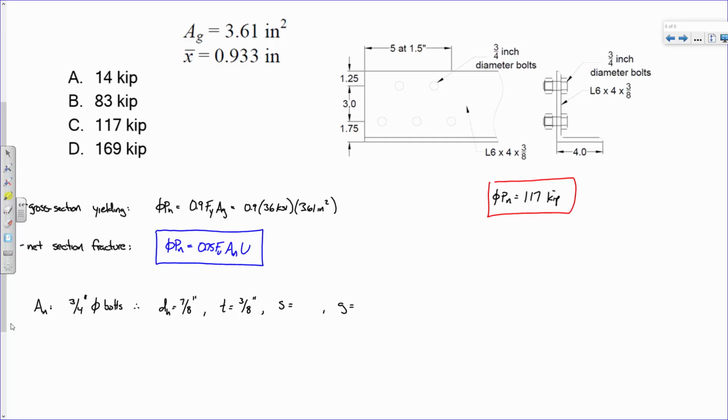Yeah, perpendicular to the load. So the load's going this way, G is going to be 3 inches. The stagger is the diagonal spacing this way, so the stagger is going to be 1.5.